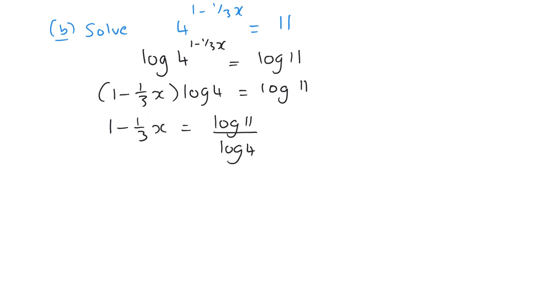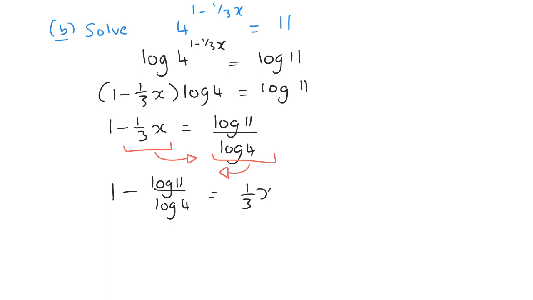Now because this is minus a third x, what I'm going to do is take this part over to the right-hand side, and I'm going to take the log 11 over log 4 over to the left-hand side. So I get 1 minus log 11 over log 4 equals a third x.